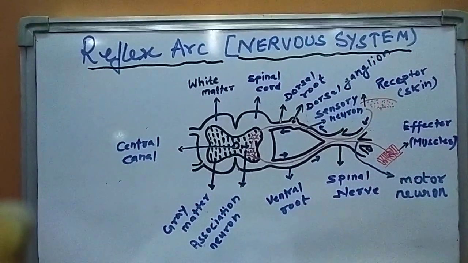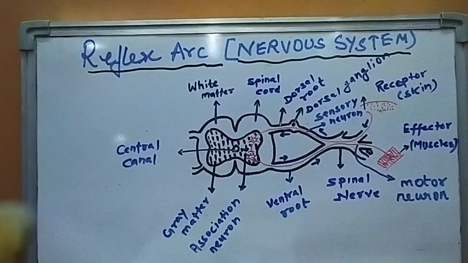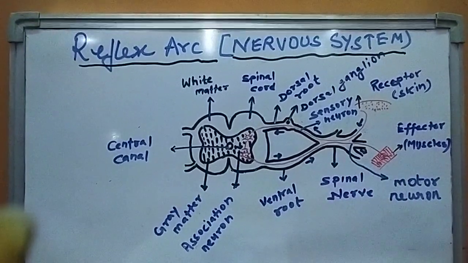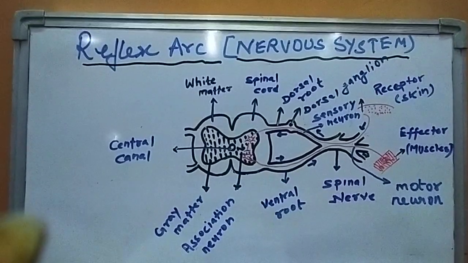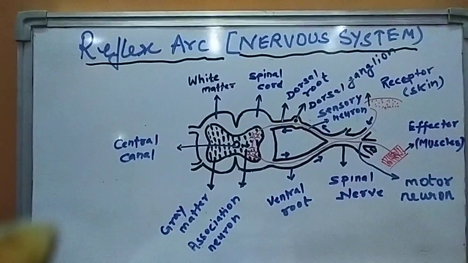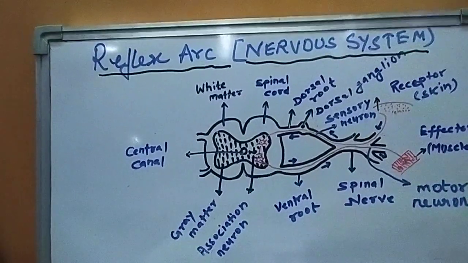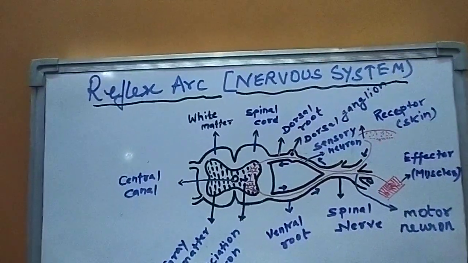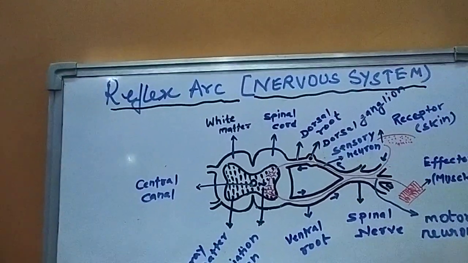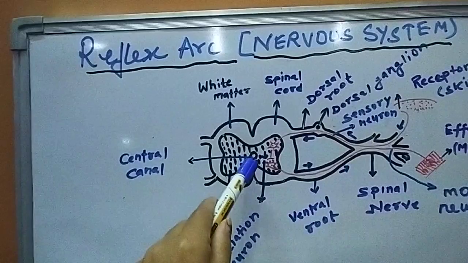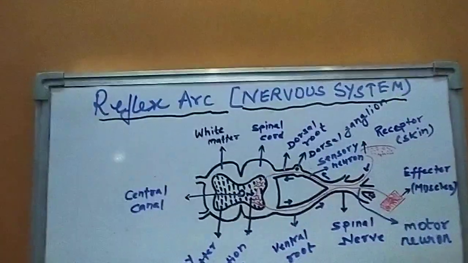Now the white matter contains axons and the gray matter contains the cyton, that are the cell bodies of the nerve fiber. Now there is a small central canal, you can see in the center, which runs the entire length. This structure is called the central canal.